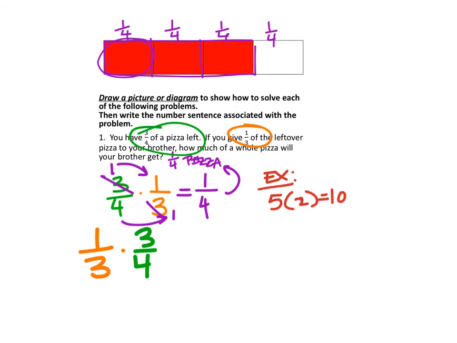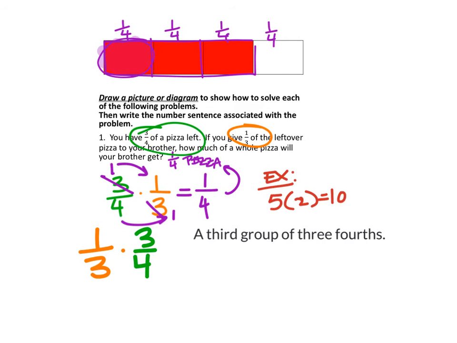So a third group of 3/4, that's when I would be looking to use the model, where I see I have the red, which is 3 parts of the 4, 3/4, but it's a third of that group. So a third of that group is that purple piece that I've already shaded right here. So that's where the multiplication makes this what we would consider a smaller value. A third group, a smaller group of something is always going to give you something smaller.